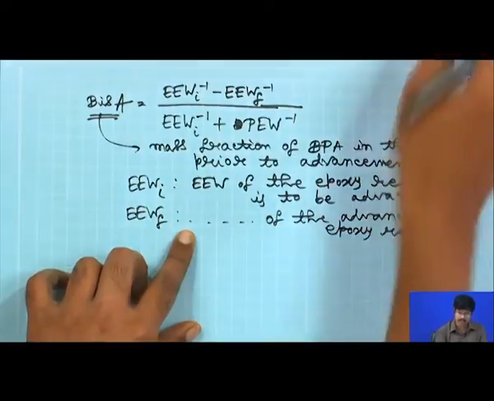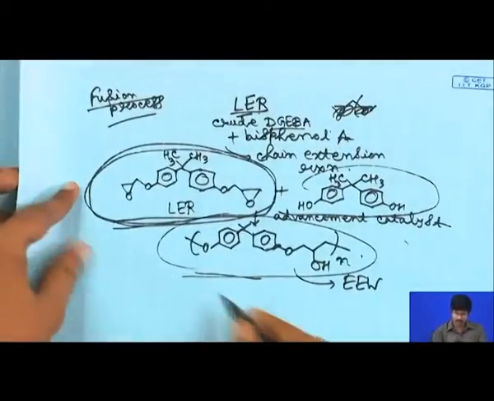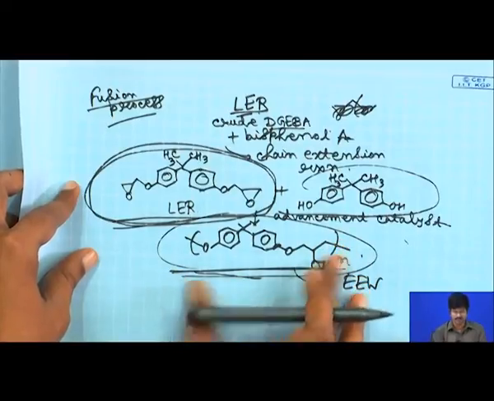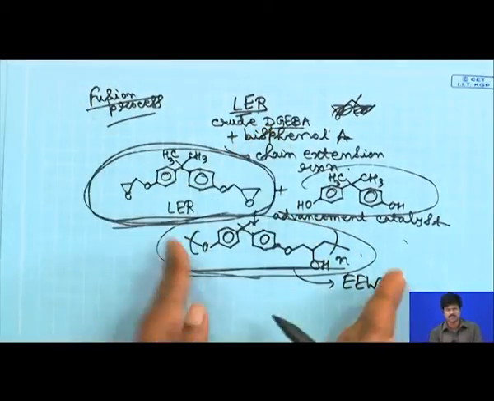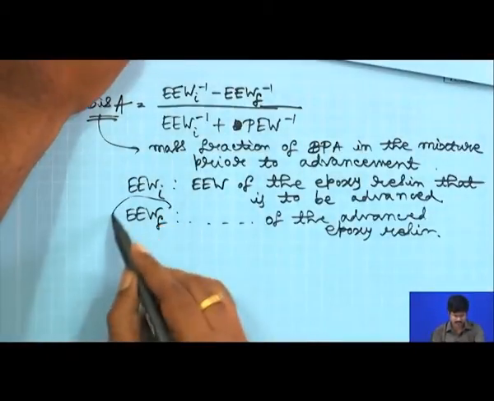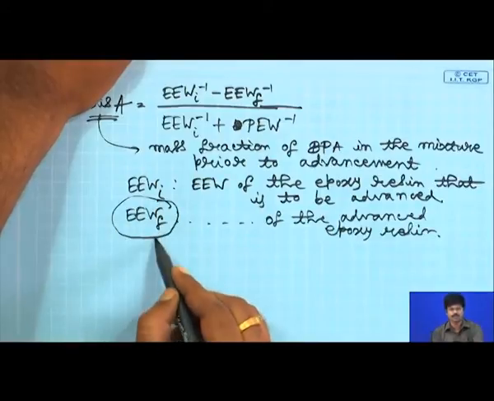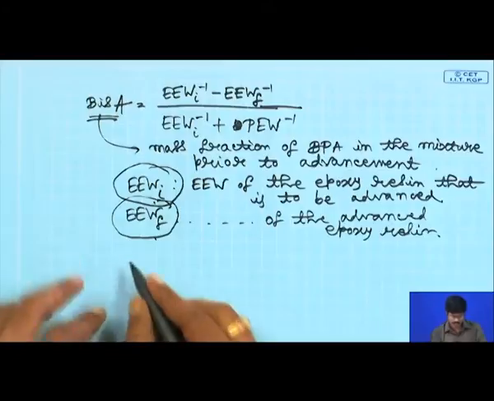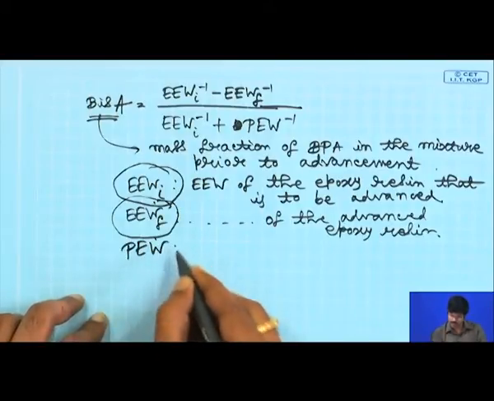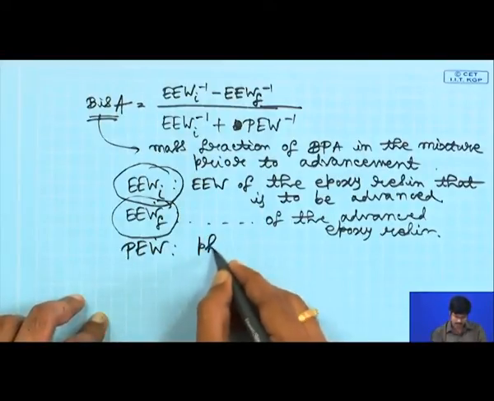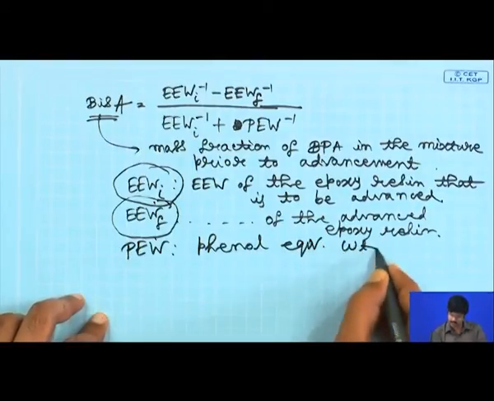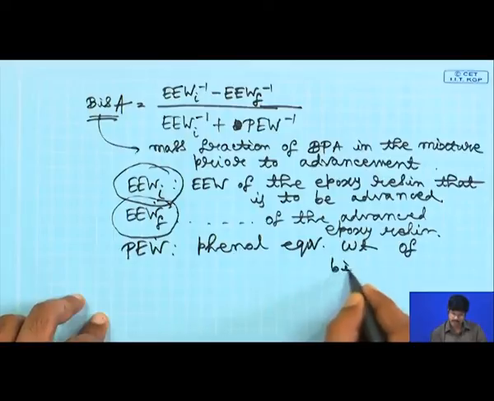See, the process is called advancement process. So, the product that you will get, the solid epoxy resin, that is called advanced epoxy resin. So, you have advanced from this stage to this stage, that is the reason why you call it advanced. So, this is the targeted epoxy equivalent weight of the solid epoxy resin, this is the epoxy equivalent weight of the starting liquid epoxy resin, and PEW is basically the phenol equivalent weight of bisphenol.